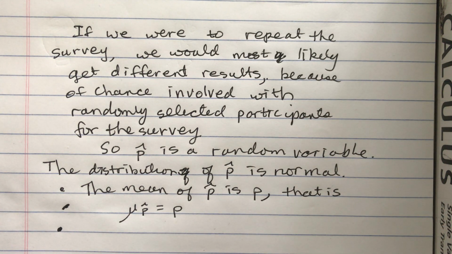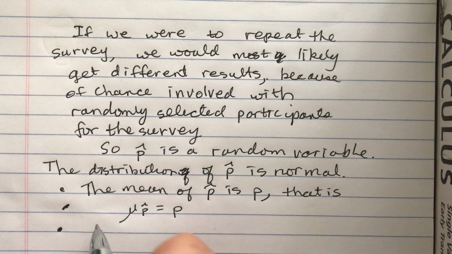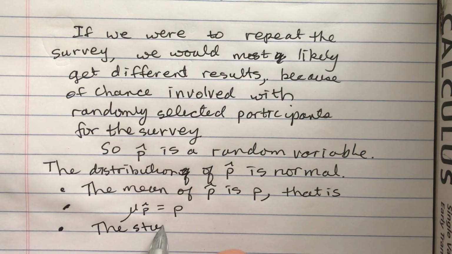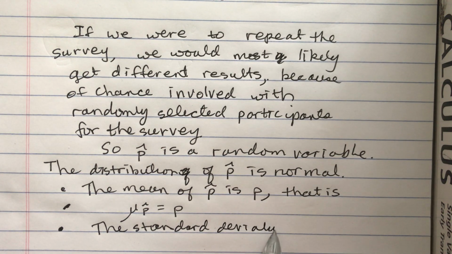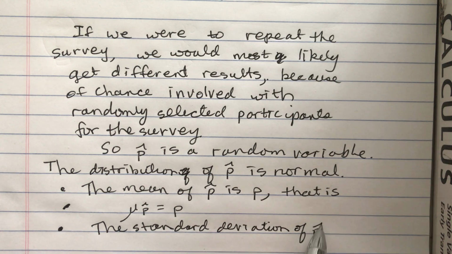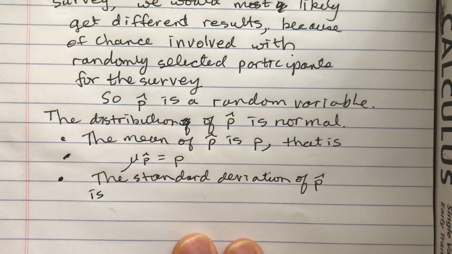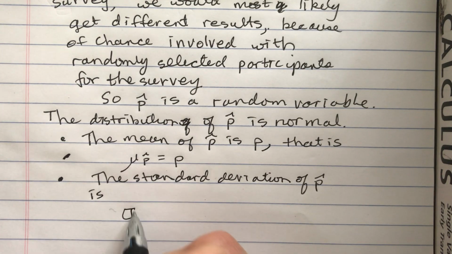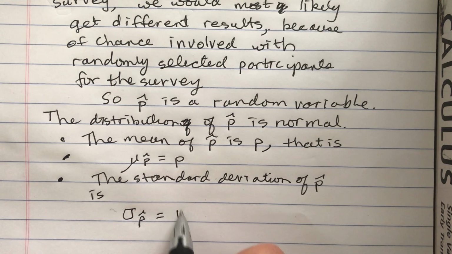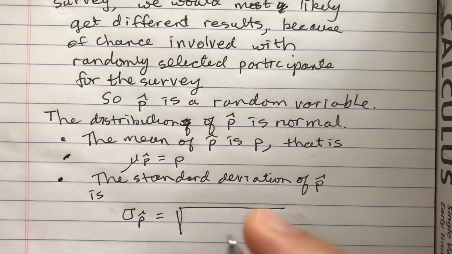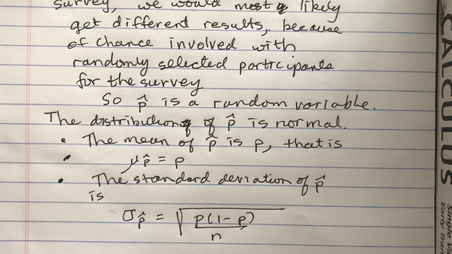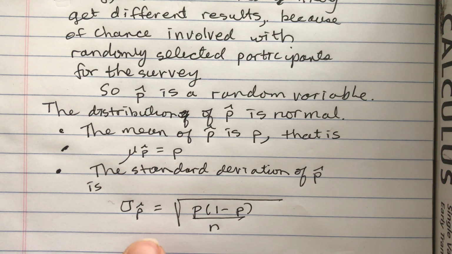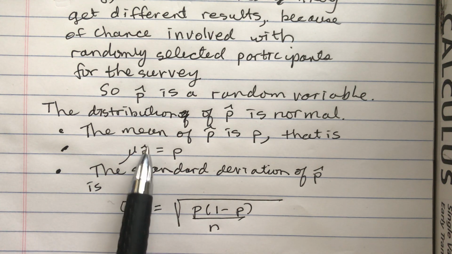All right, and then the standard deviation of p hat is sigma p hat, and this is going to equal the square root of p times 1 minus p all over n. And so what is the standard deviation? The standard deviation is a measurement of how close the p hats would be together.